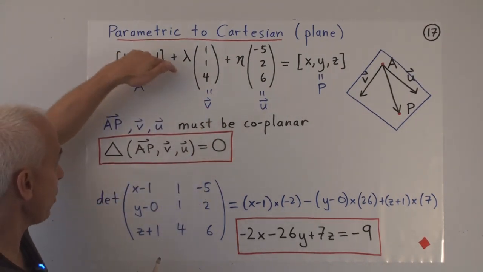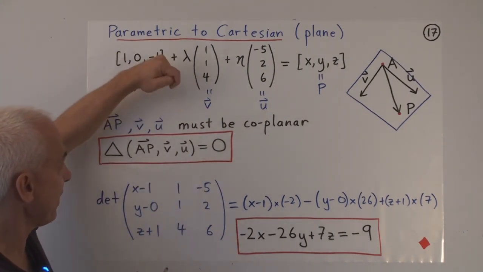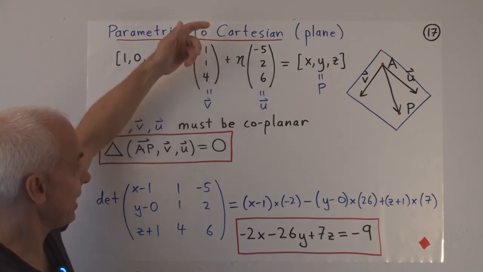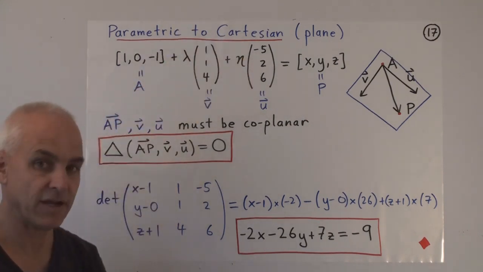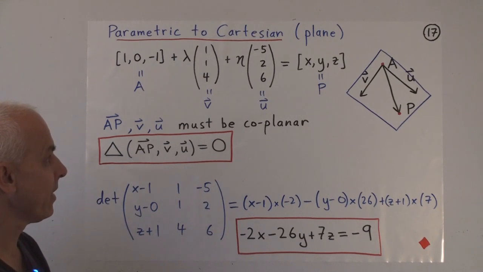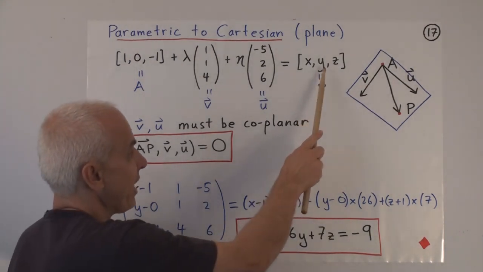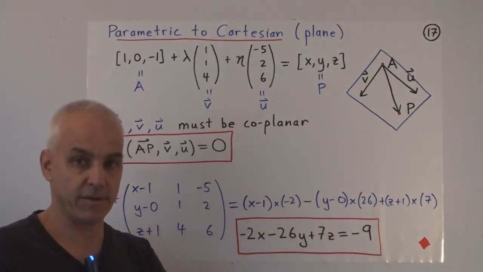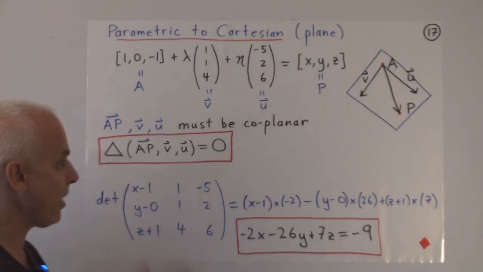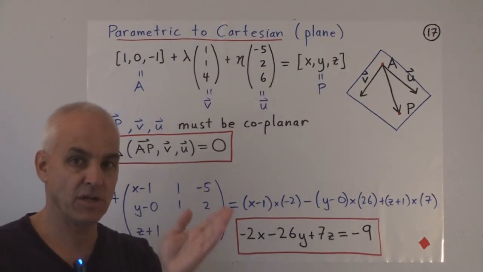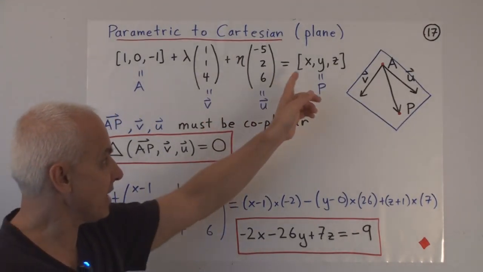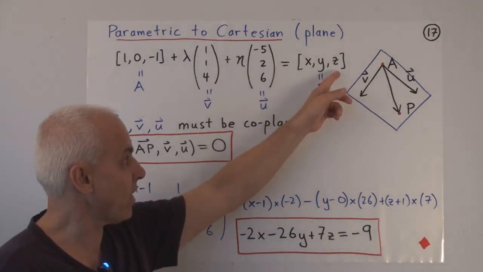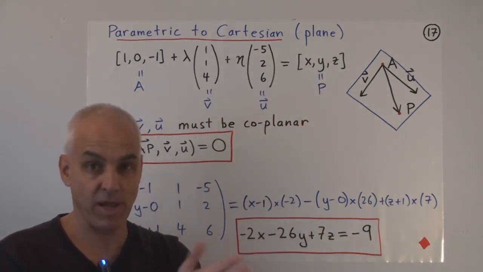We start at the point and we go any multiple lambda of the first vector v plus any multiple, say, eta of the vector u. And that should be an arbitrary point (x, y, z) on the plane. Now we want to go to an equation which is Cartesian. In other words, simply a linear equation in x, y, z representing the same plane.